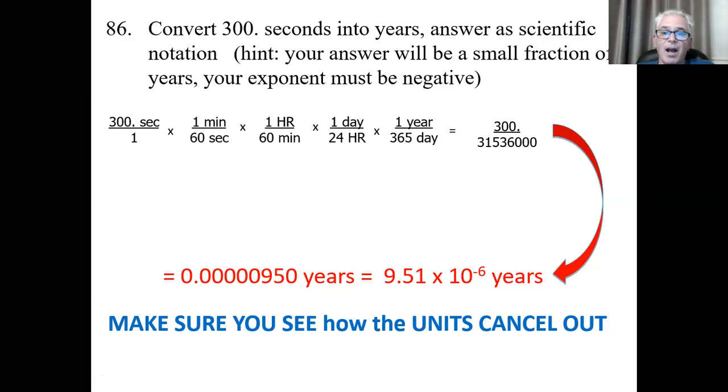I just did this on my iPhone, and my iPhone spreads out a little more, so it's actually not 9.5. It's not 9.50. It's 9.51. All these units cancel. This, of course, is called dimensional analysis, or unit conversion math. And the answer is changed to scientific notation.